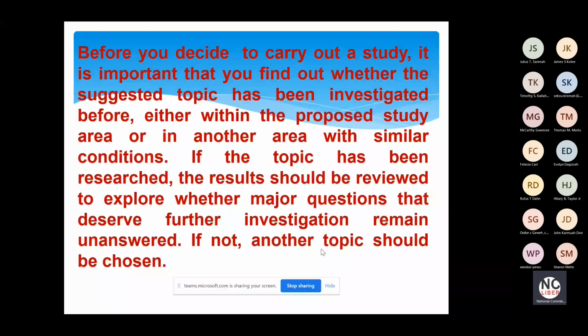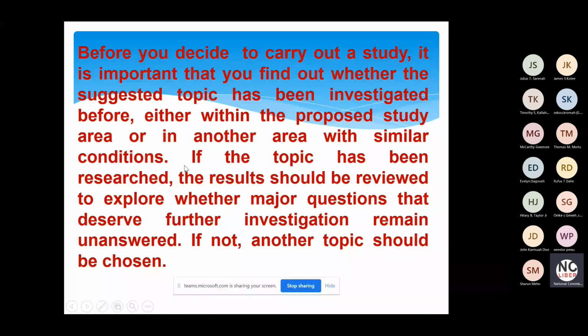So before carrying out the study, we're saying that it is important for you to find out whether the topic that has been suggested to you has been investigated before, and if it has been, whether it has been in your study area, the proposed study area where you're going to conduct that study. Has that study been conducted in that particular area? So if the topic has been researched, then you have to go and read about the results.